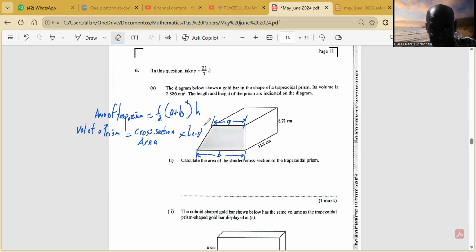So everybody write that down. Volume of a prism is equal to the cross-section area multiplied by the length. Do we know the volume of the prism? Yes.